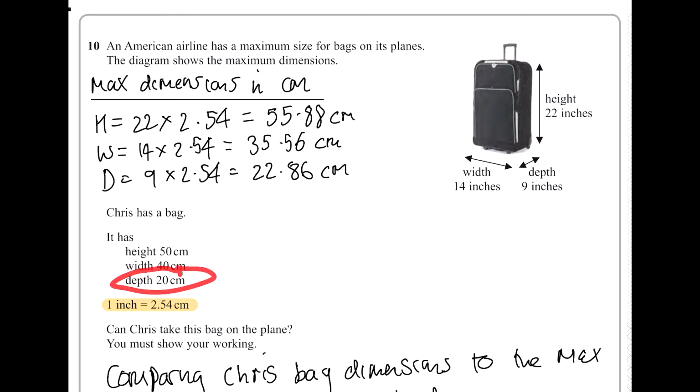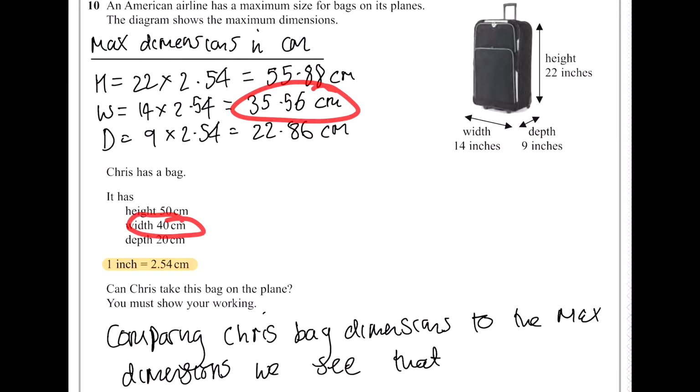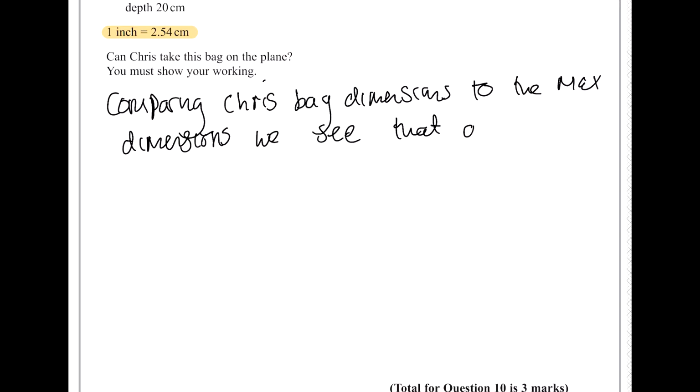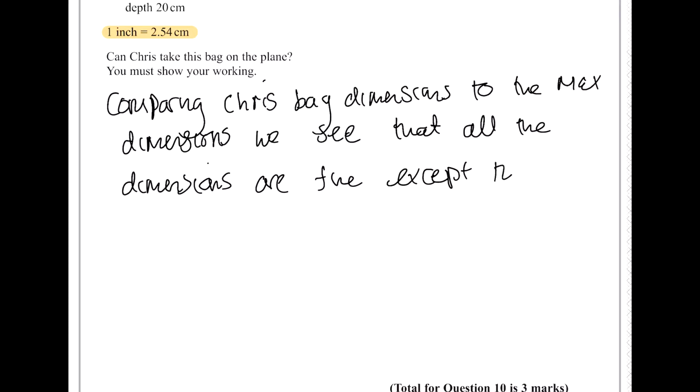The depth of Chris's bag is also fine, right? But the width of Chris's bag is too big, so he wouldn't be able to take it. So we see that all the dimensions are fine except the width.